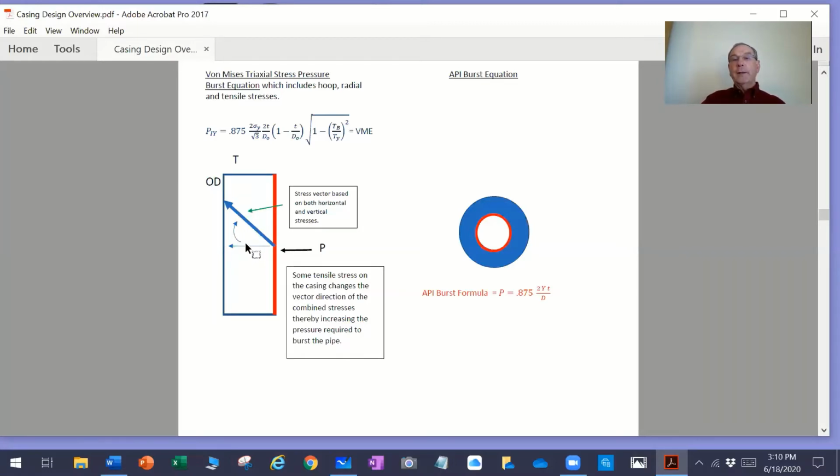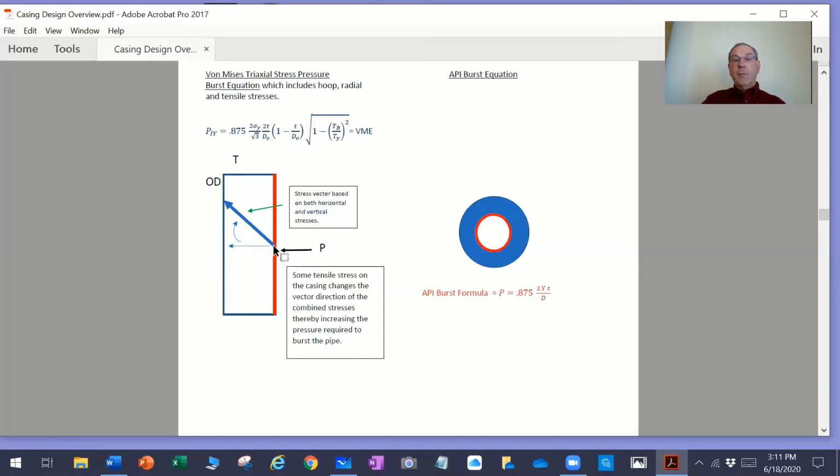So it rotates the direction of this vector from being completely horizontal to the wall to, I call it, an obtuse angle to it. And you can think of it this way, that the stress has to be greater from the ID to the OD before this pipe is going to rupture.